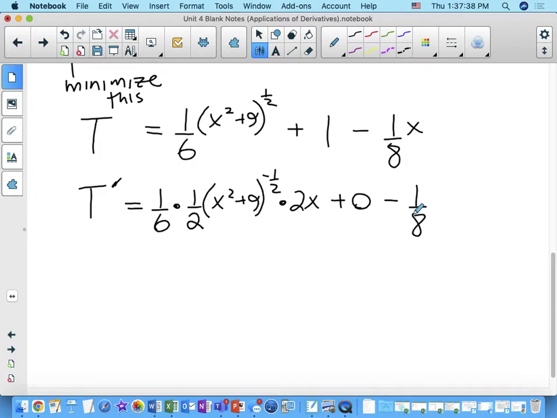And if I simplify this a little bit, I am going to get, well, here the 2's cancel. And so I'm going to have an x in the numerator. And this is negative exponent, so I'll bring that down. And I also have a 6 in the denominator. And then minus 1/8.